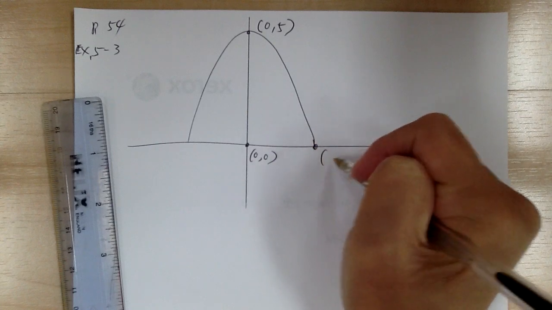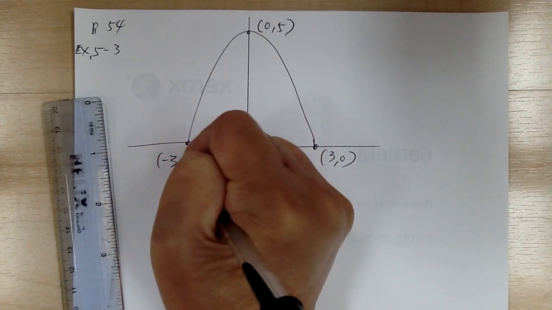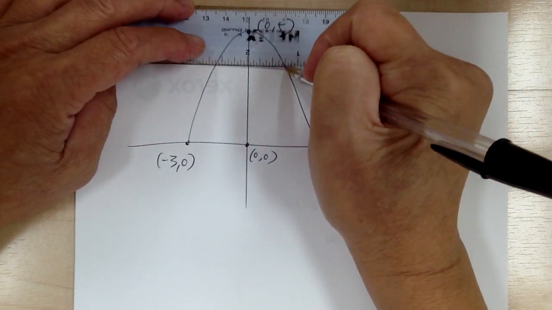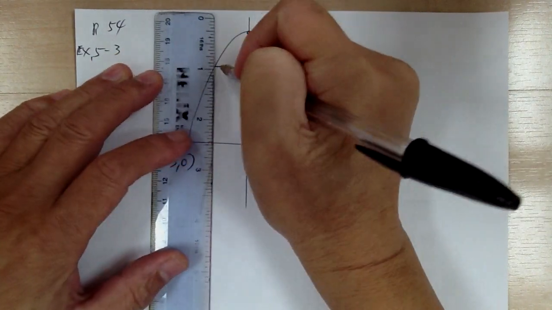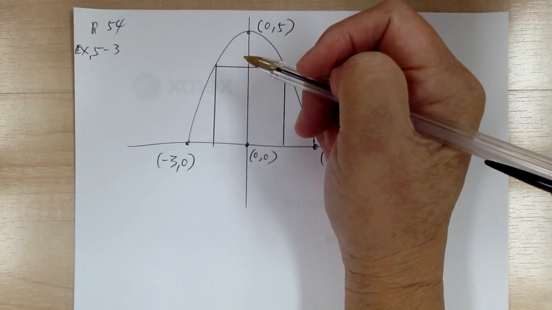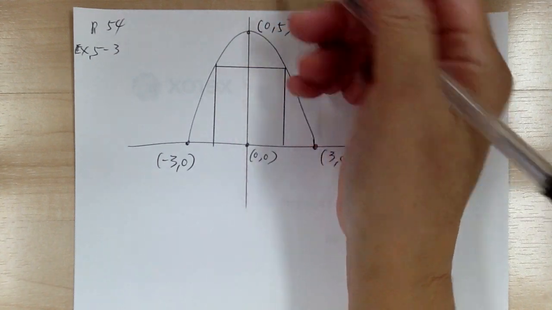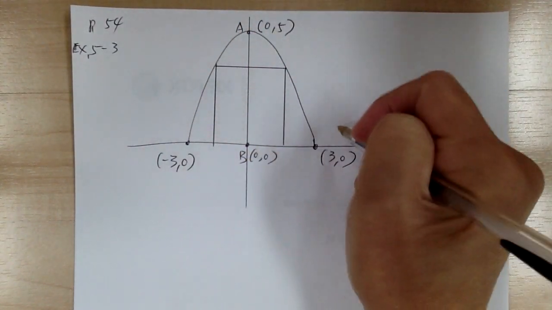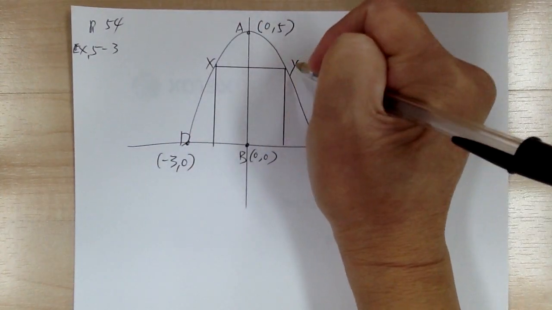That means this point is 3, 0, and this point is negative 3, 0. In the book, they label all the different points, so let's just do that. A, B, C, D, X, Y.